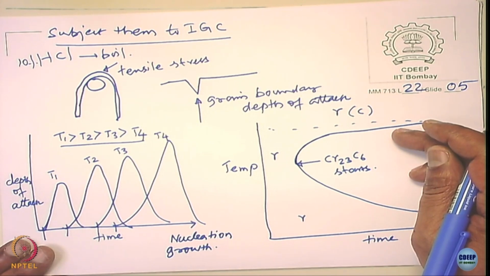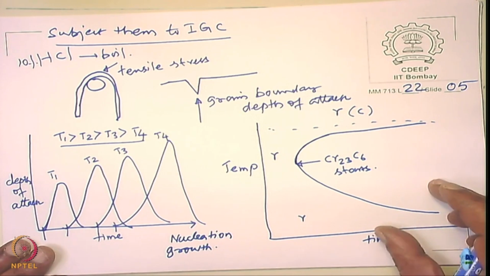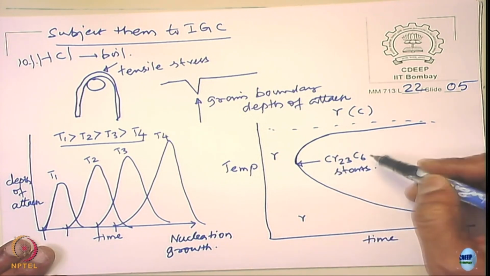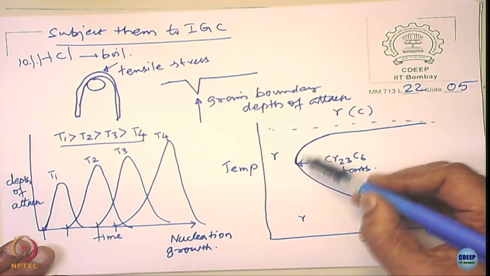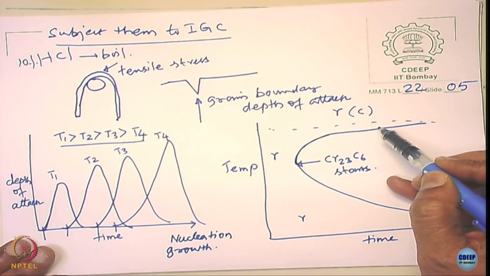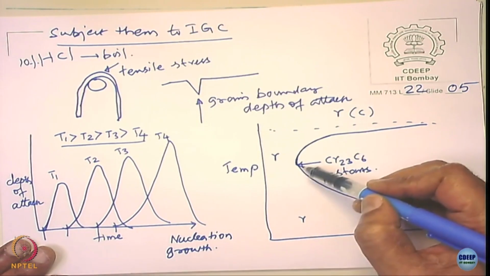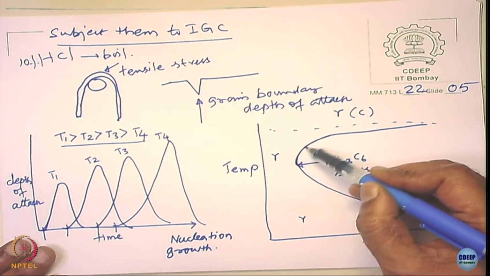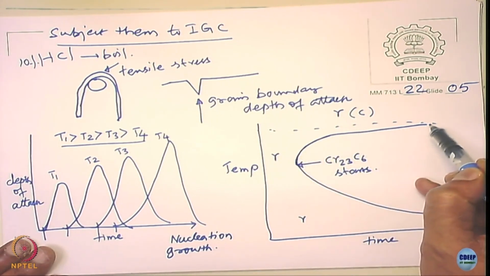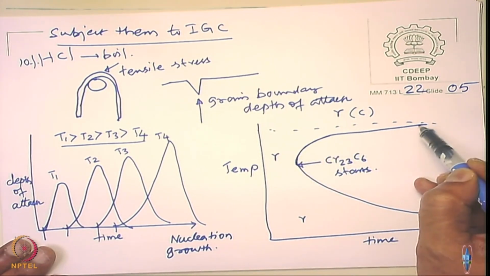The nucleation requires more undercooling at lower temperatures. So there is a compromise between these two, right. At high temperature diffusion is faster, but the nucleation becomes slower. So again the time for transformation is increasing actually.